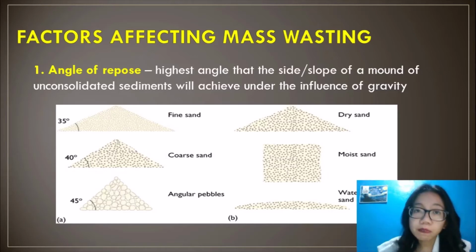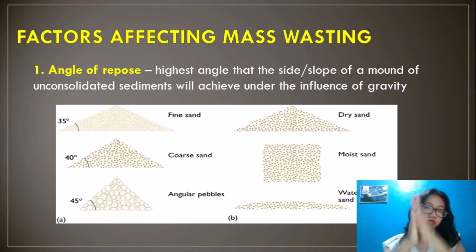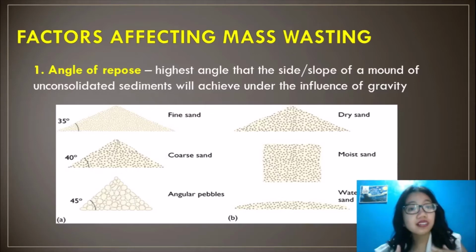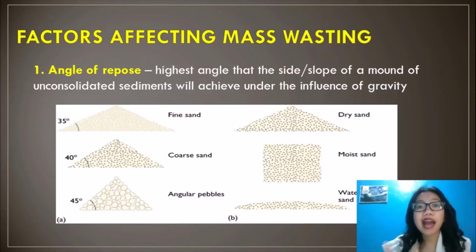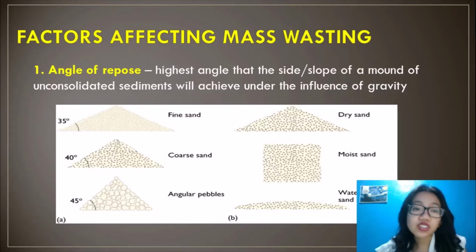There will be a maximum angle in which you can make a hill of sand. You can't make a hill of sand which is very steep, because there's only a certain maximum angle that the sand can achieve, and that's called the angle of repose. That's the highest angle that a mound of materials can achieve.